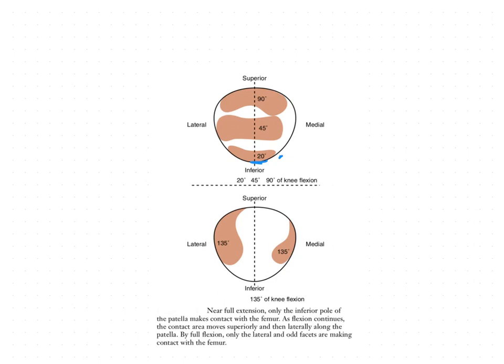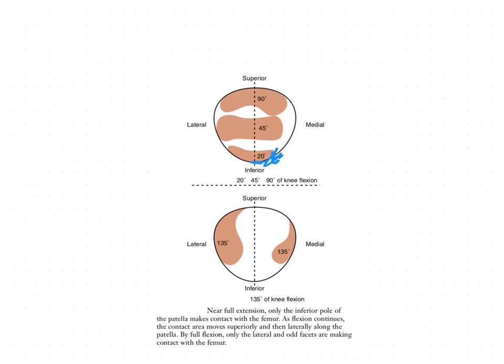contact area. Okay, in this manner, the first consistent contact between the patella and femur occurs along the inferior margin of both the medial and lateral facets of the patella at 10 to 20 degrees of knee flexion.